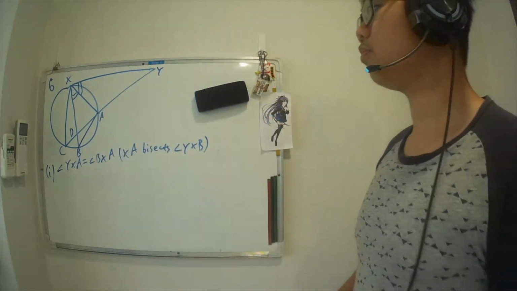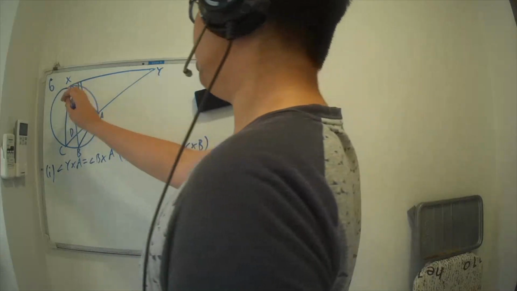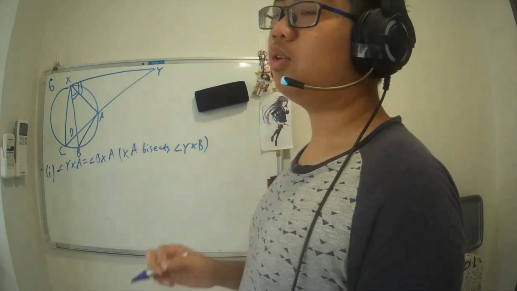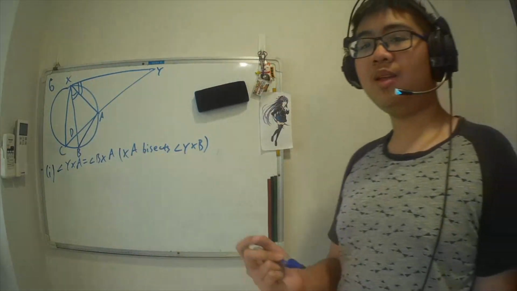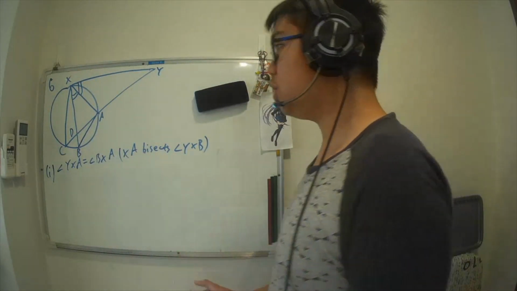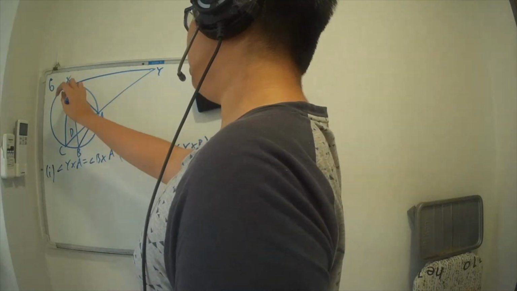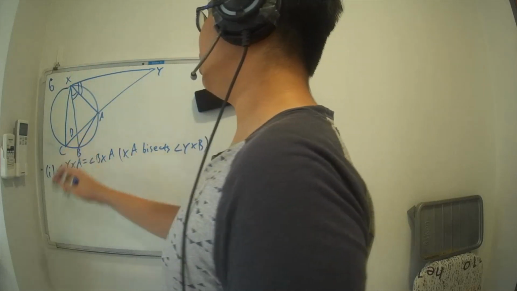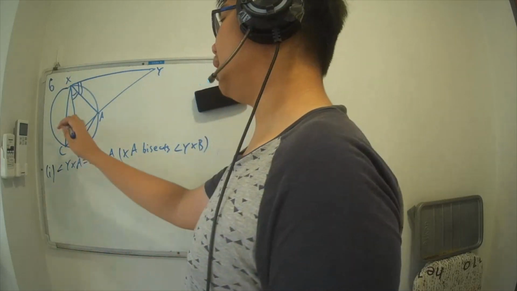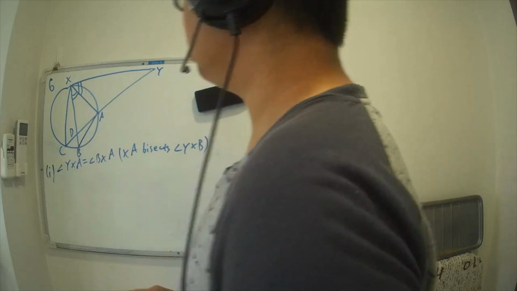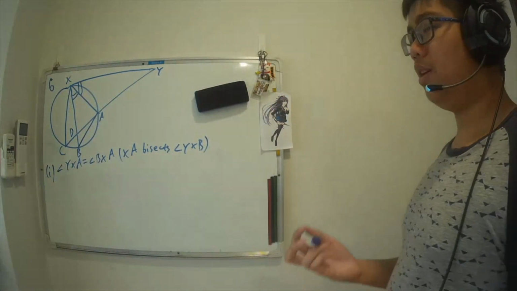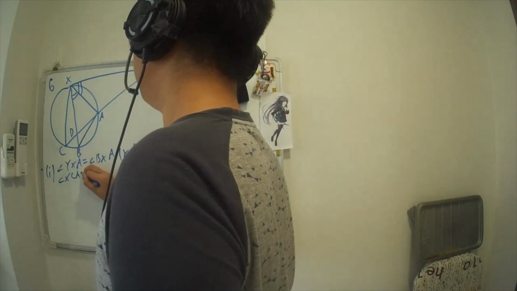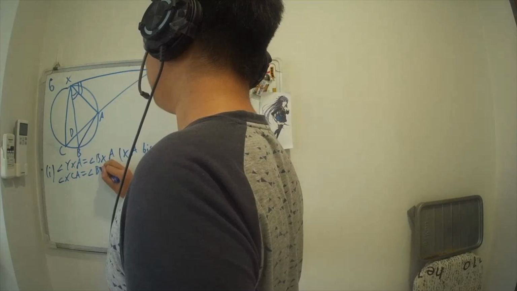Then I can use this angle and relate it to this angle XCY or XCA, because of the tangent chord theorem. The angle over here is going to be equal to this angle, because this is the angle formed by a tangent and a chord, and it's equal to the angle subtended in the segment over here.